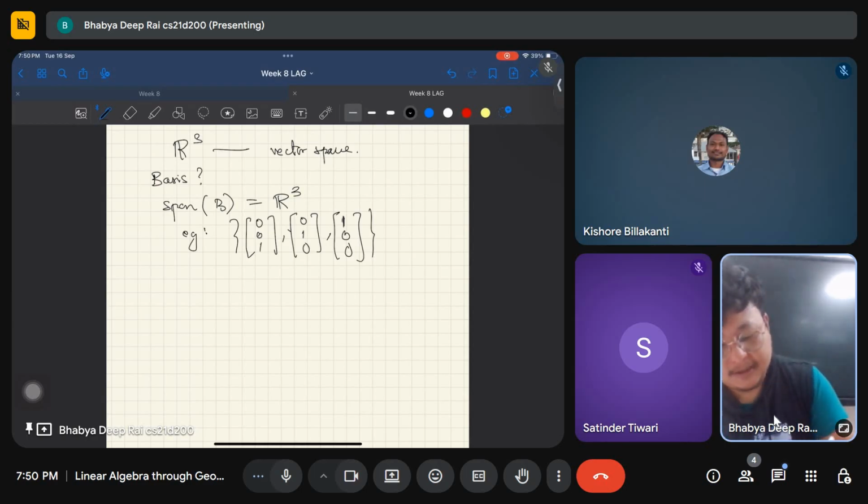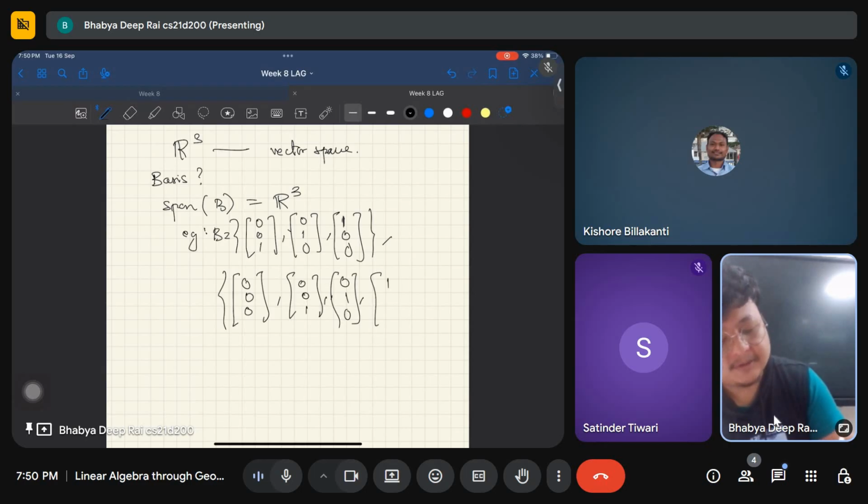And the linear combination basically. What about this? Let's say 0, 0, 0, 0, 0, 1, 0, 1, 0, 1, 1, 0, 1, 0, 0?